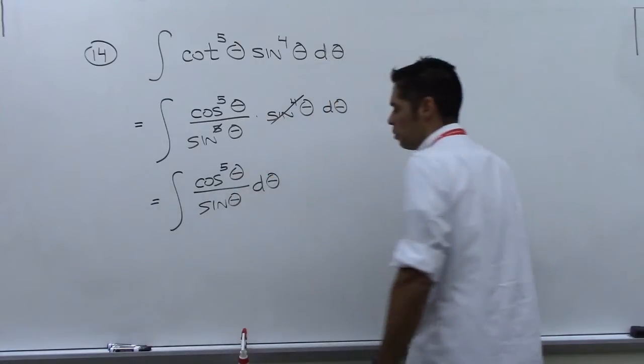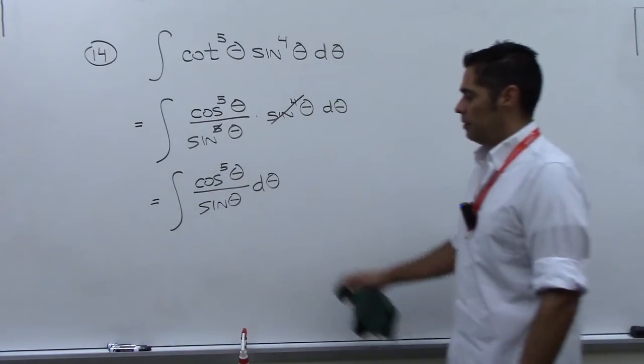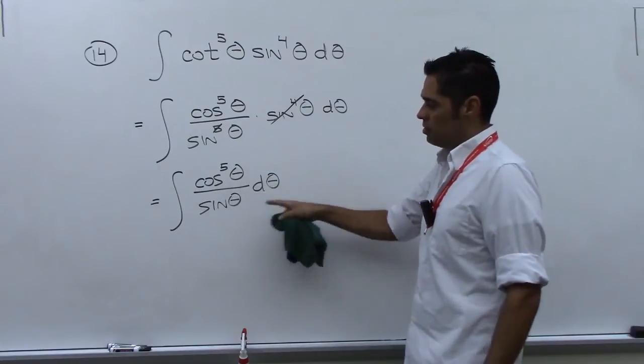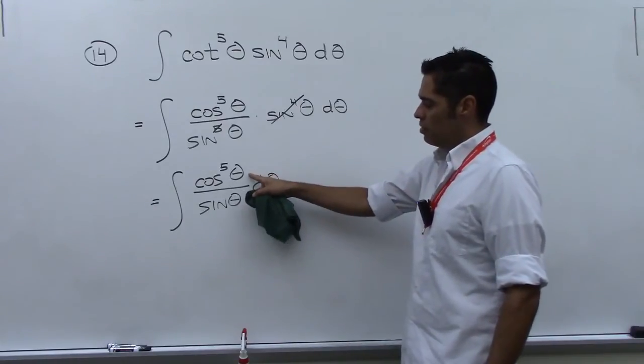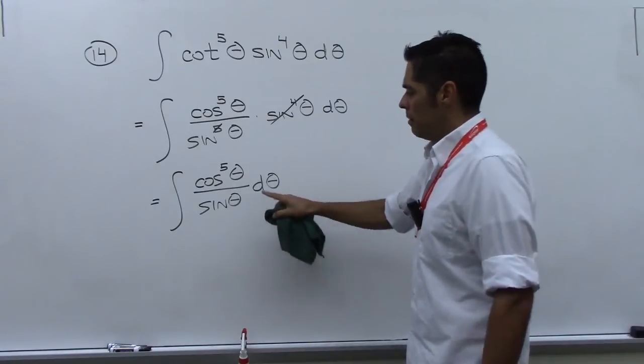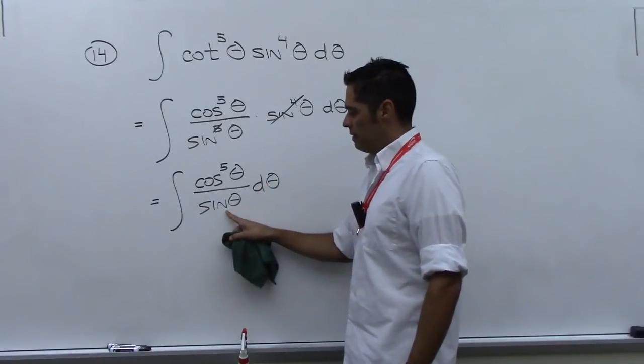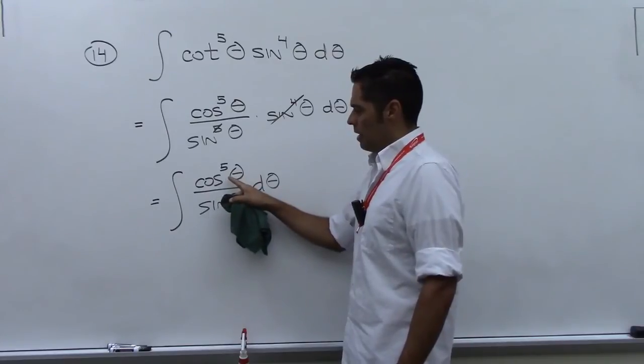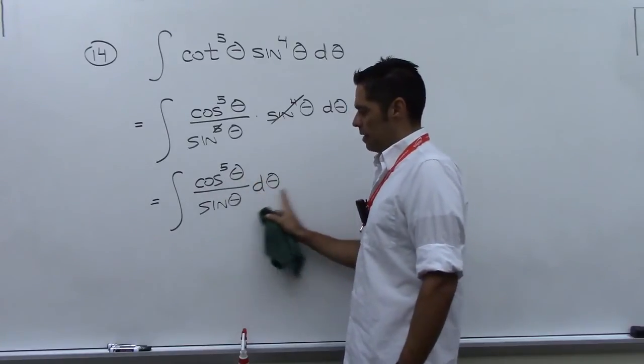Just like the previous problem, I'm trying to find which of these to choose as my u. I don't want to choose cosine as my u because du is in the denominator, and that's hard to deal with. But if I choose my u to be sine theta, the derivative is up here, and I can split one of these cosines off to make the derivative appear.